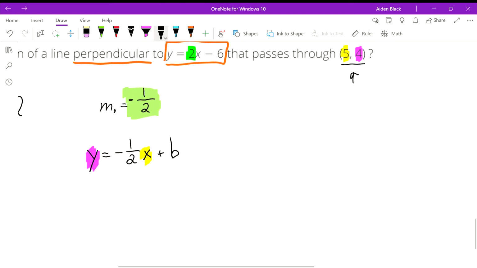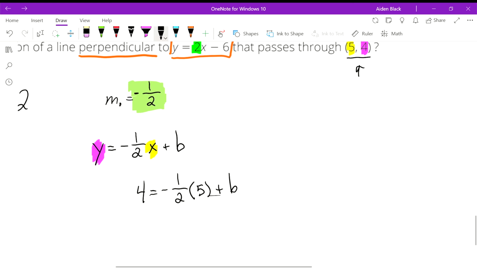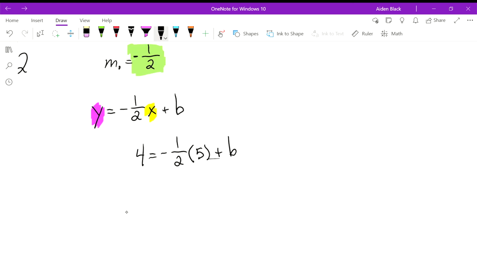So we have 4 equals negative 1/2 times 5 plus b. Great. So we'll simplify. This is 4 equals negative 5/2 plus b.